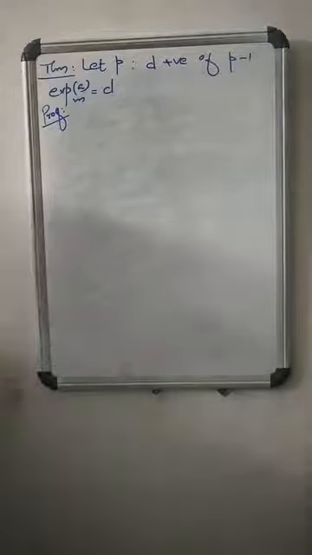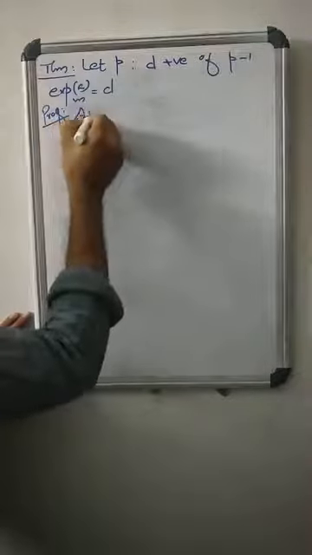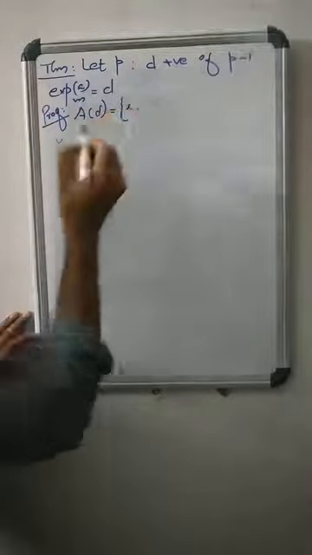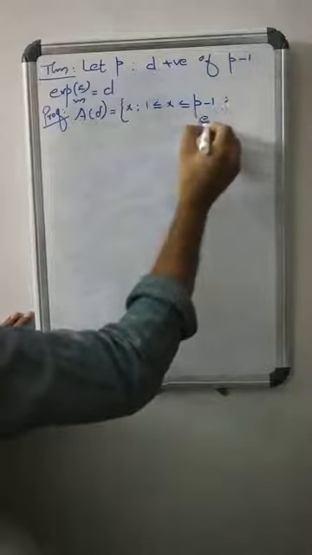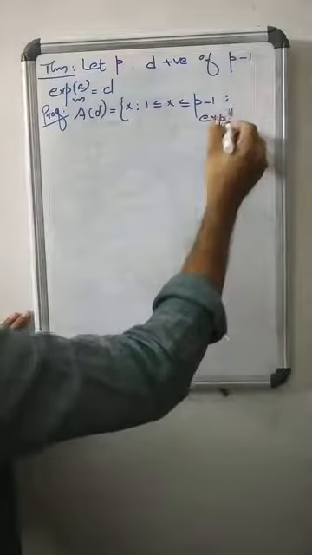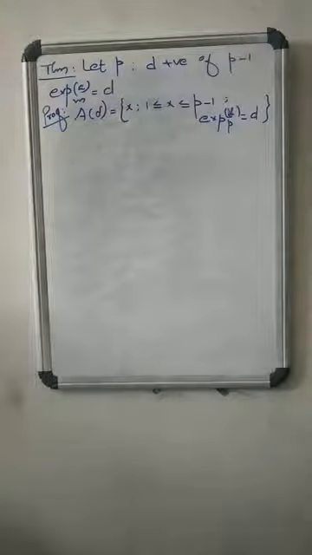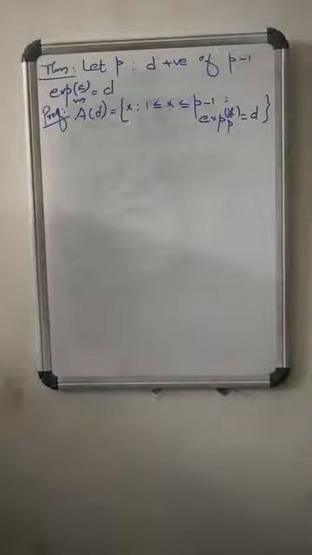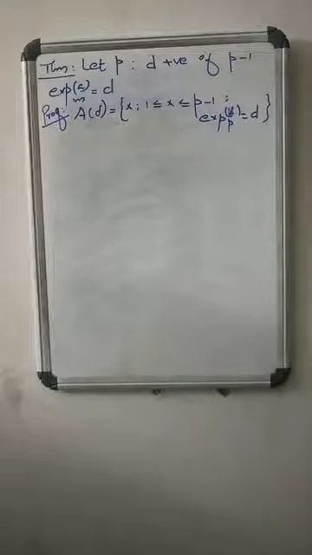You can distribute the numbers 1, 2, 3, up to P minus 1 into different sets named A of D, where A of D is defined as the set of all x, with x ranging from 1 to P minus 1, such that the exponent of x mod P equals D, meaning x to the power D is congruent to 1 mod P.